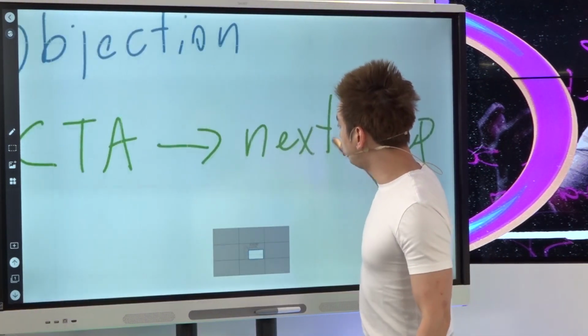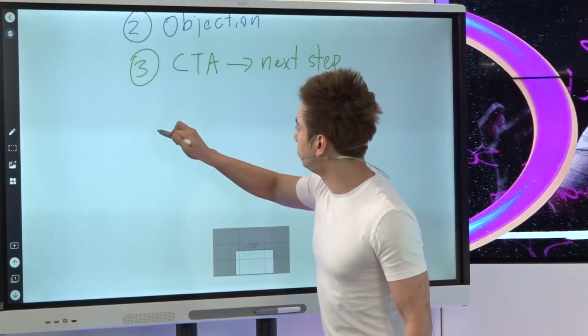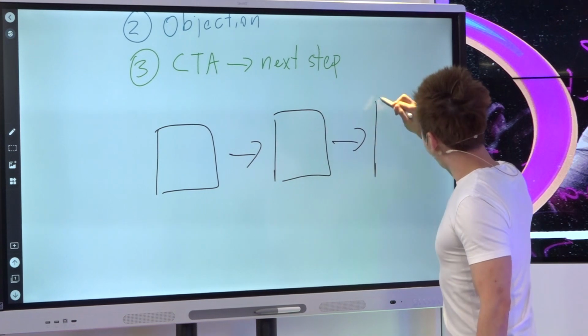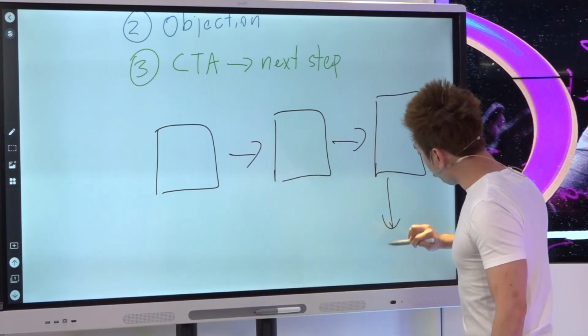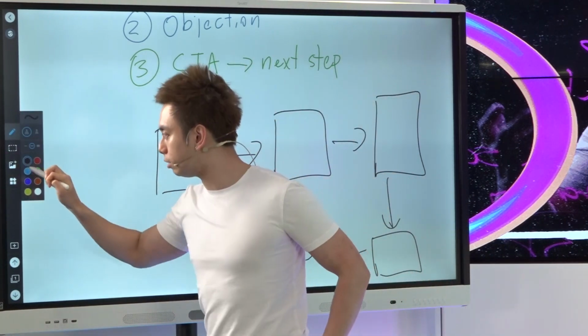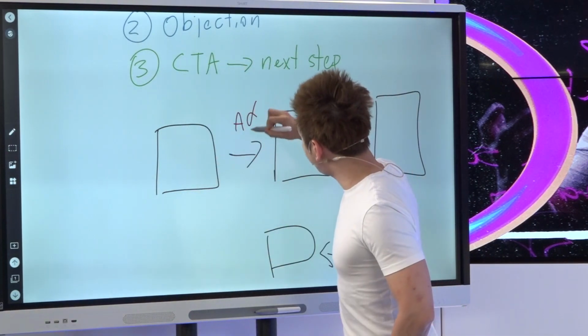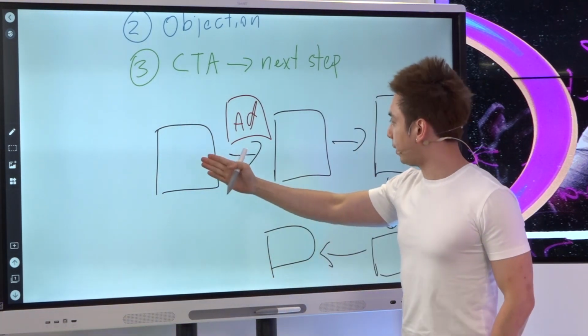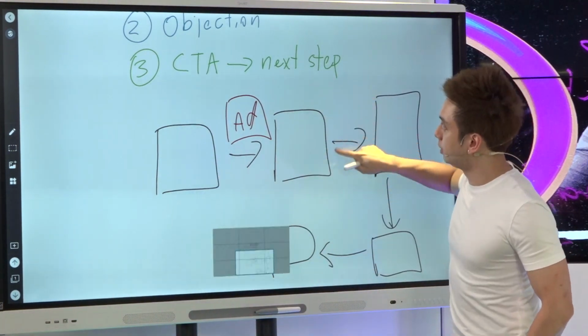So your funnel, you could have 2 steps. It could be 5 steps. It could be 3 steps. And what you want to do is you always want to make sure that you have an ad, just like this one over here, that sends them to the next step of the funnel. So maybe they visited but didn't register. Then you want to have an ad that does the same thing here.